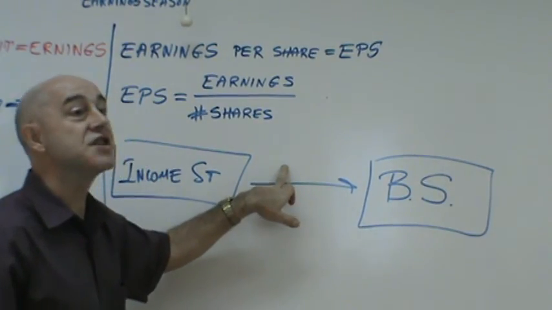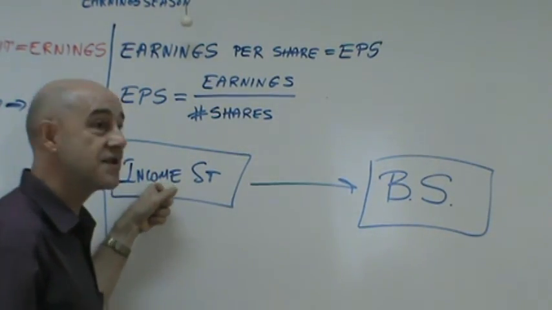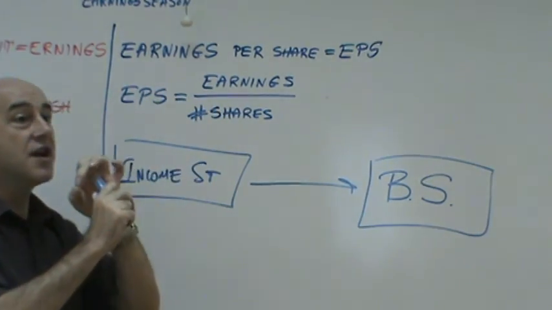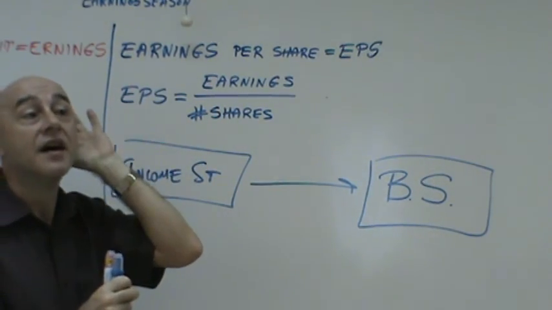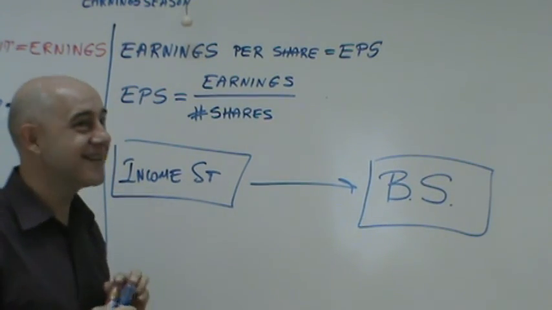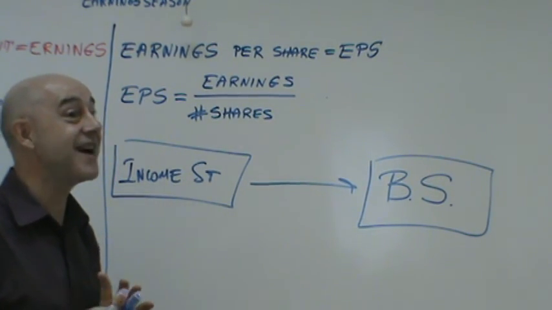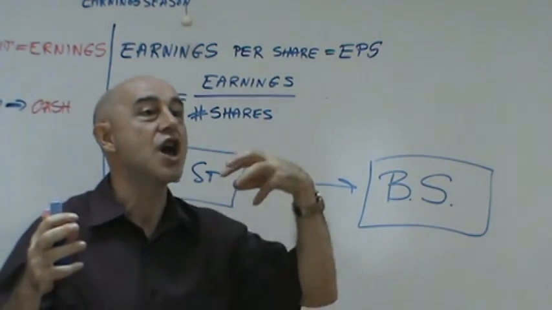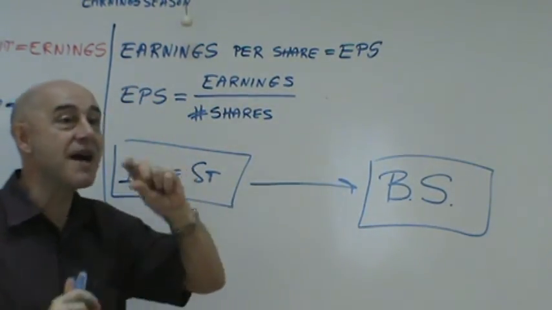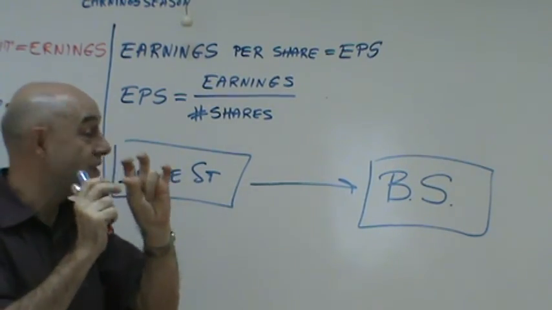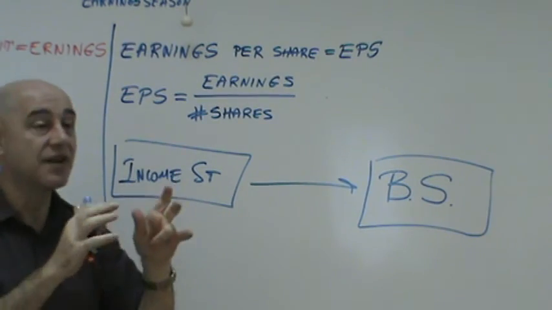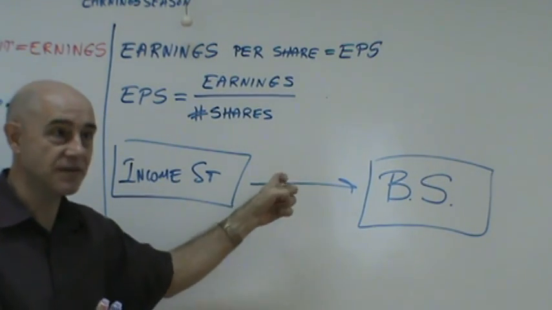So the question is, what connects the income statement to the balance sheet? What is the connection? Something in the balance sheet must be added and put in there to make it balance. Something coming out of the income statement and in between.